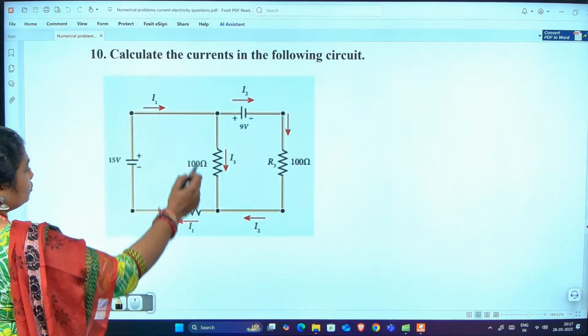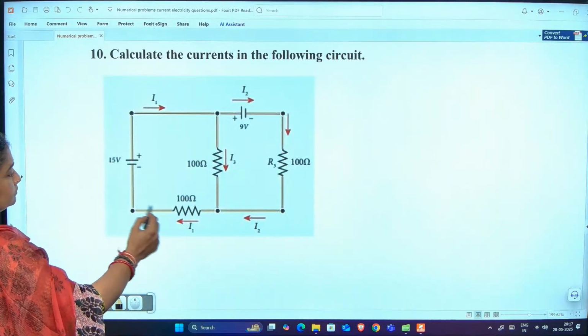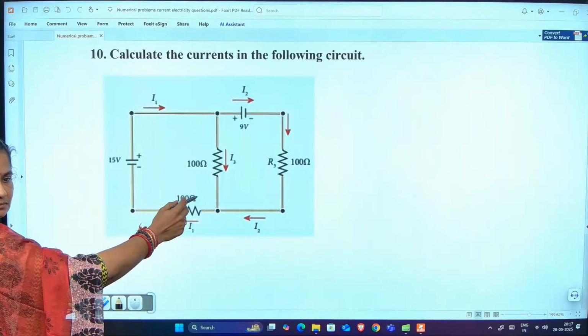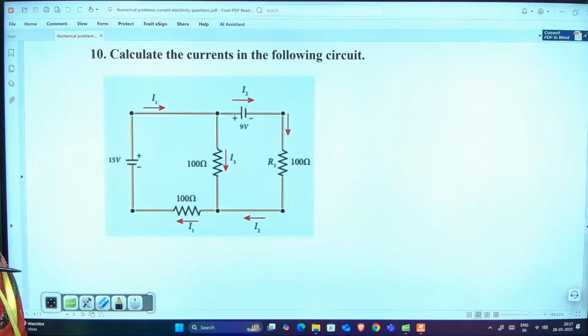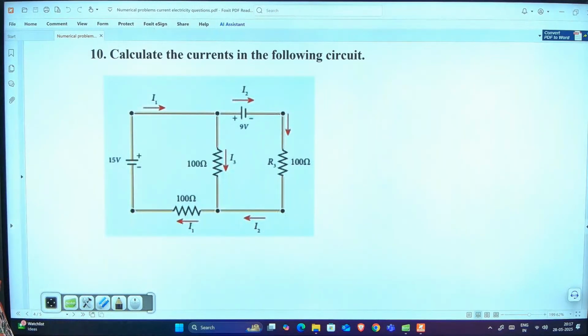If you are choosing this loop, what will be your equation? This first loop: 100 I1 plus 100 I3 is equal to 15. That is one equation. Then any other loop?